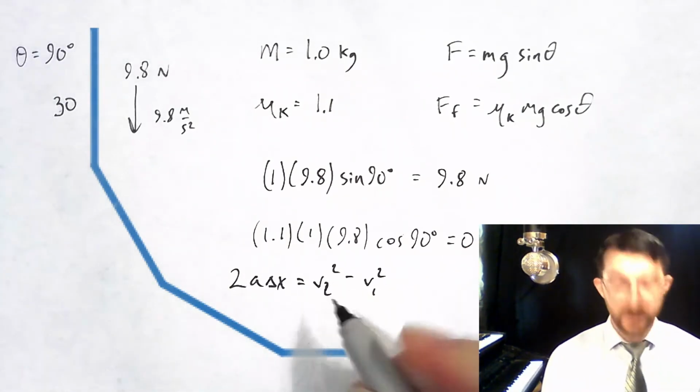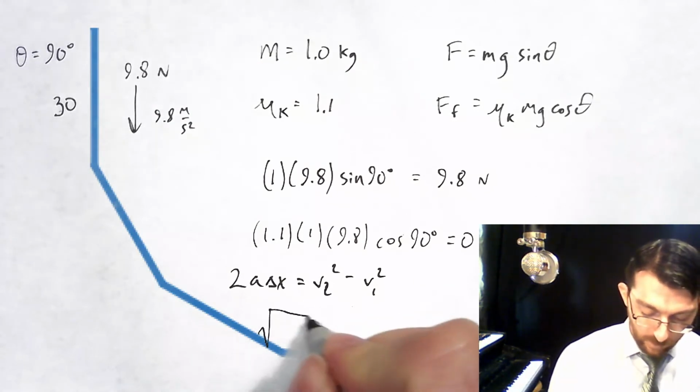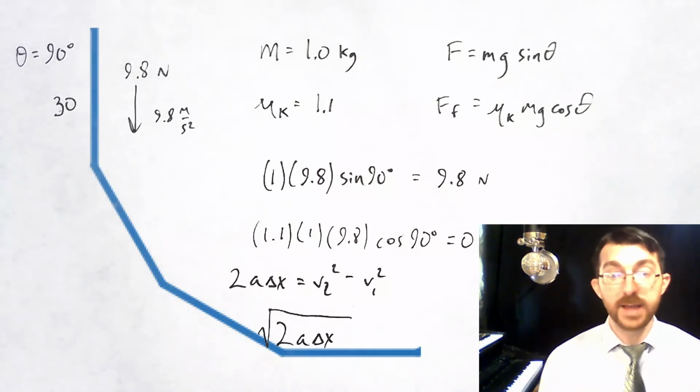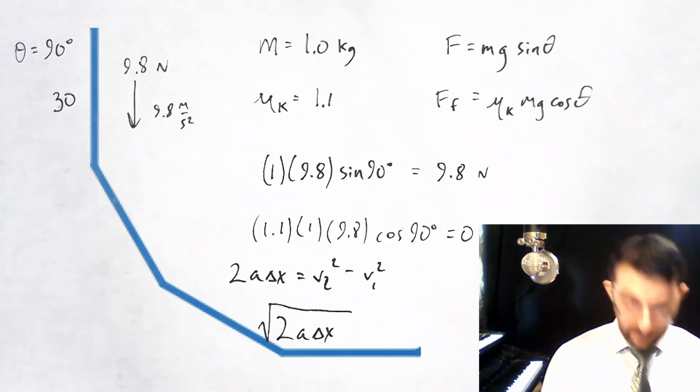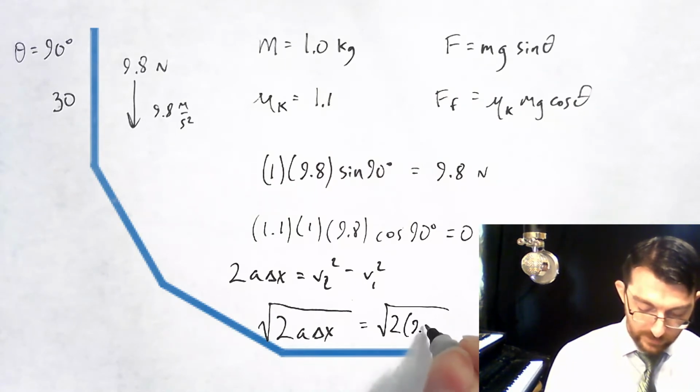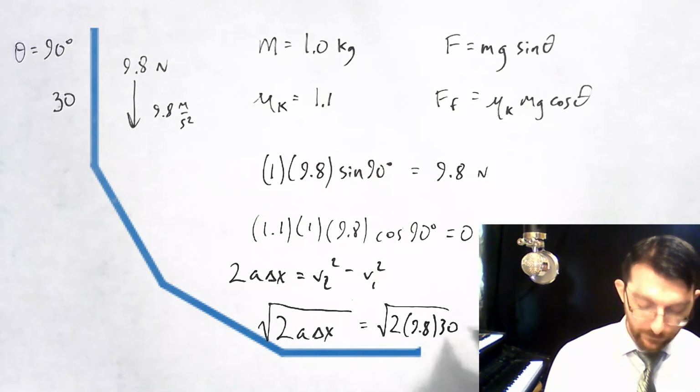We're looking for that v2. That's going to be the square root of 2a delta x, which in this particular case is equal to the square root of 2 times 9.8 times 30.